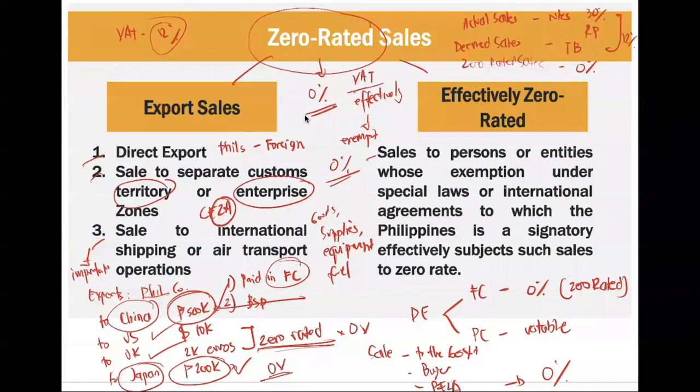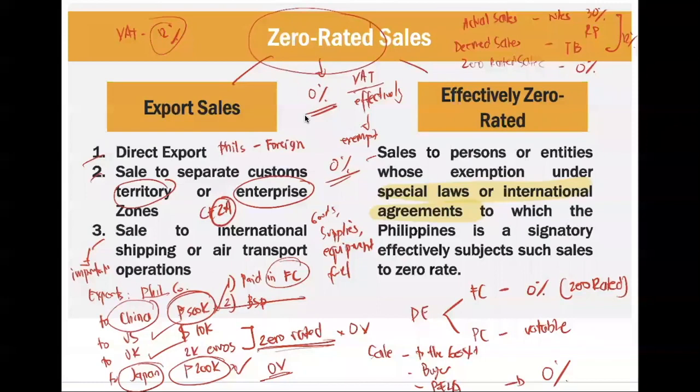Next, another type of zero rated sale, although it's not considered export, it is effectively zero rated. When we say effectively zero rated, if you sell to these different organizations subject to special laws and international agreements, it is subject to zero rate. So sales to persons or entities whose exemption is under special laws or international agreements to which the Philippines is a signatory is subject to zero rate.